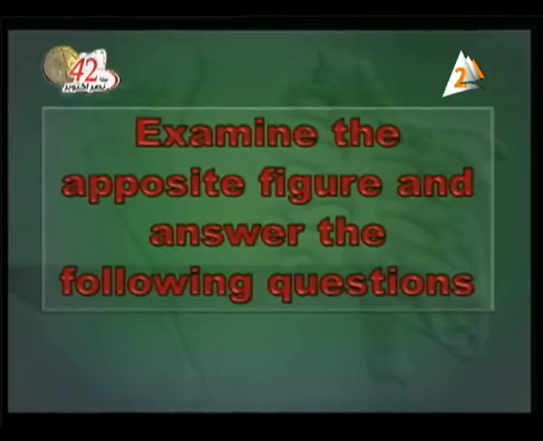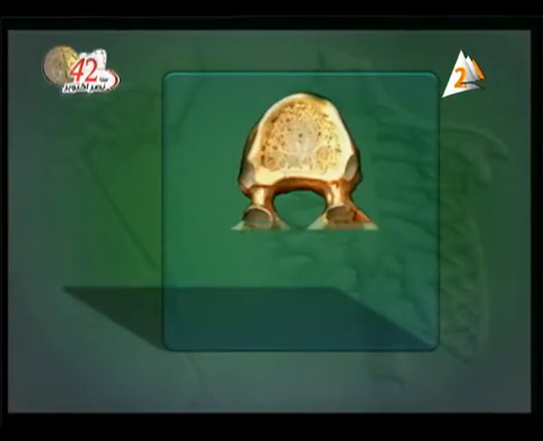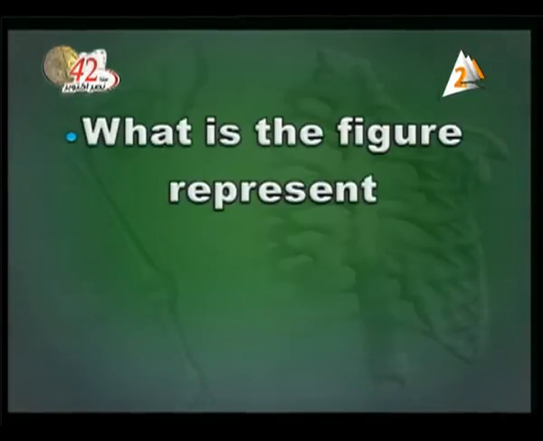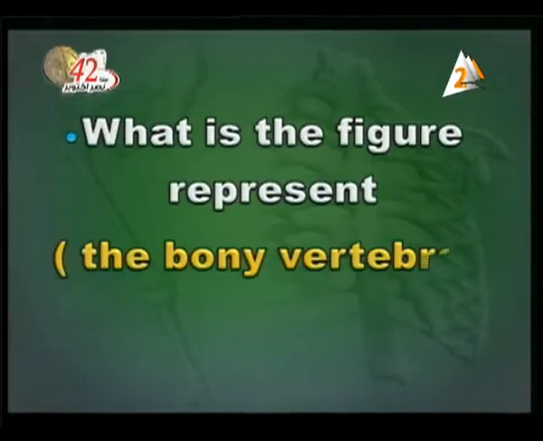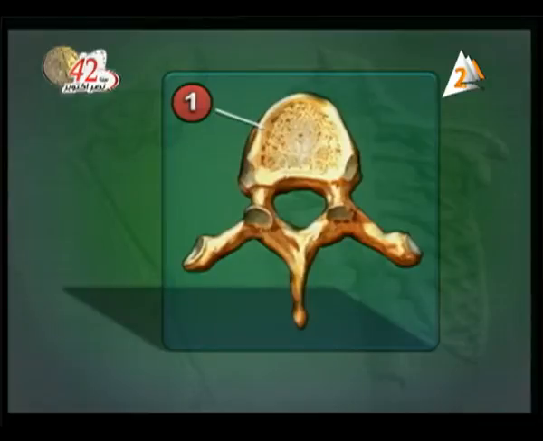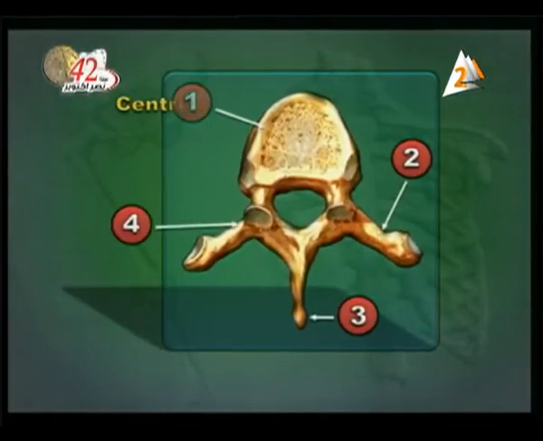Examine the opposite figure and answer the following questions. What does the figure represent? You are right. It represents the bony vertebra. Name the numbered parts from 1 to 4. Number 1, yes, it's called centrum.